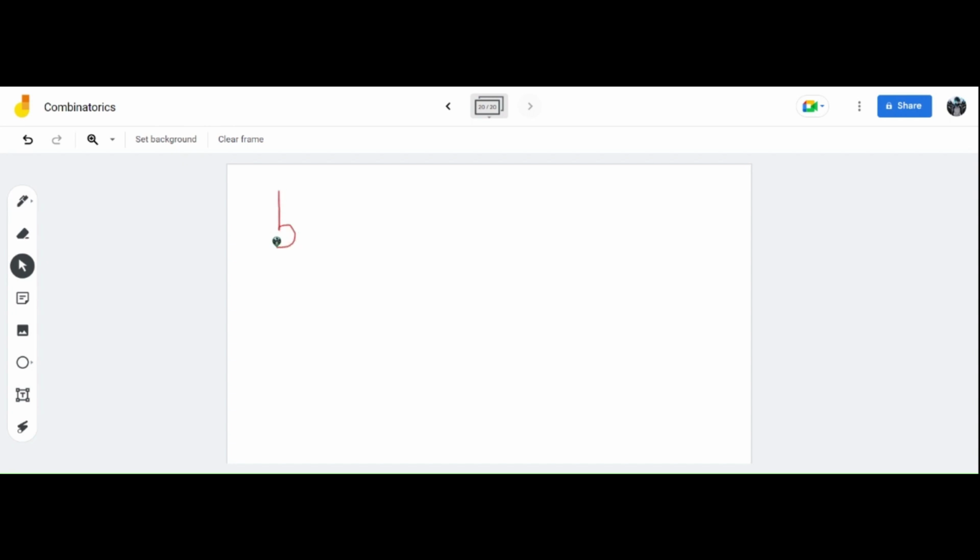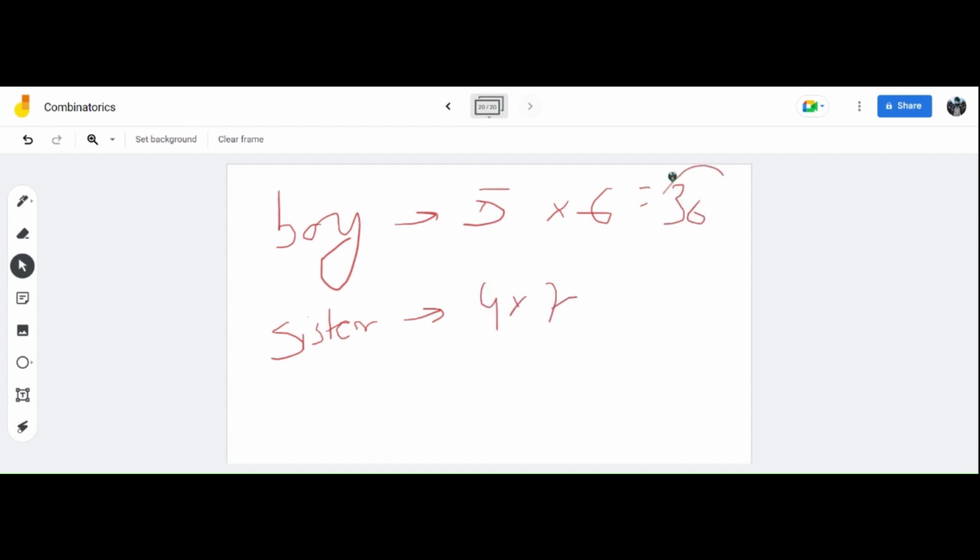Boy has 5 into 6. Sister has 4 into 7. This is 30, and this is equal to 28. So the answer will be the boy.